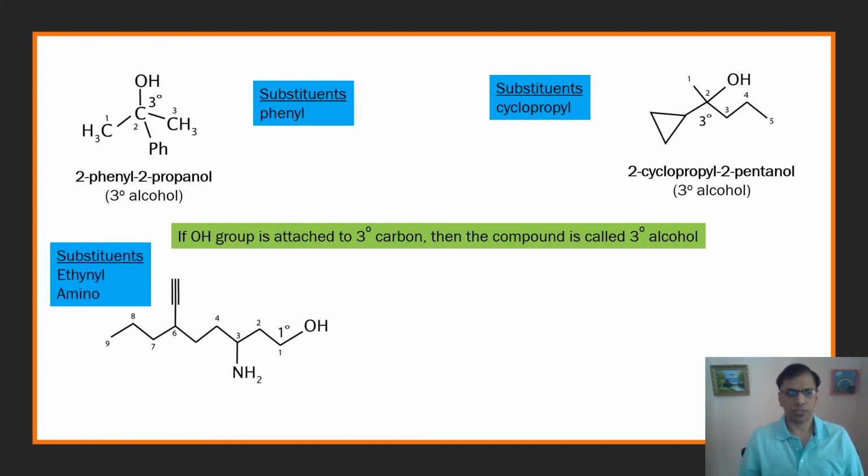And so it's named 3-amino-3-ethynyl nonanol. Nonanol comes from nonane. Nonane is a 9-carbon chain. And the naming is in alphabetical order, so A comes before E, and so amino is first and then ethynyl.